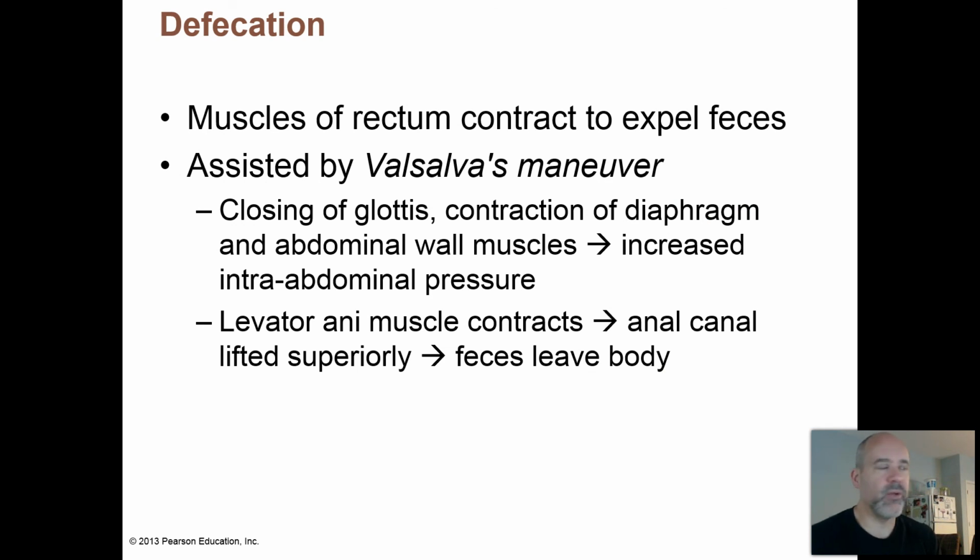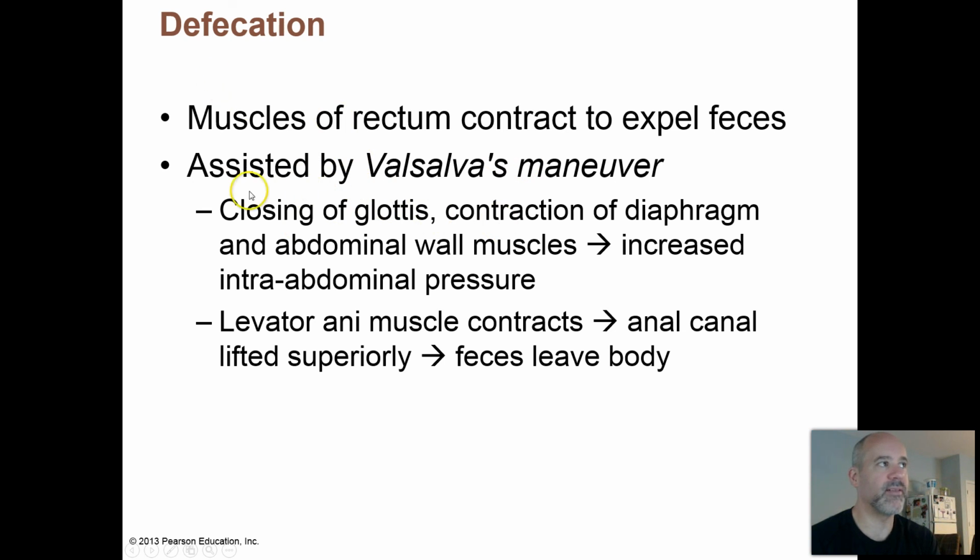Okay, so defecation, the release of feces. The muscles of the rectum have to contract to expel the feces, and we're not going to get into the nervous system control of defecation. Your textbook provides more of those details if you have a burning desire to study it.